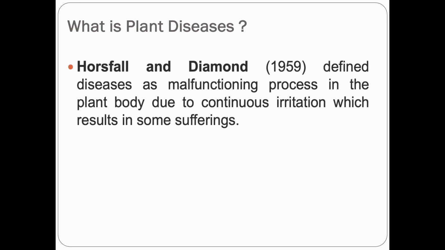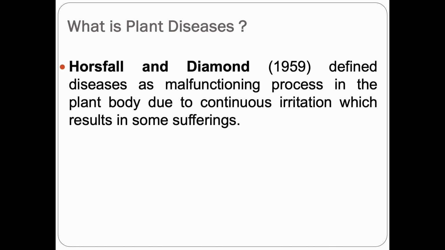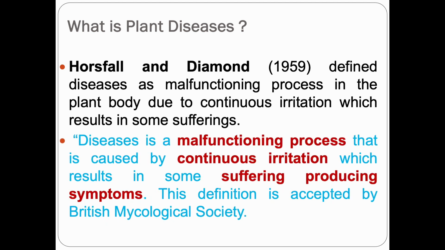Then what do you mean by plant diseases? There are a number of definitions. Out of those, the most popular definition is given by Horsfall and Diamond in 1959. They define disease as a malfunctioning process in the plant body due to continuous irritation which results in some suffering.